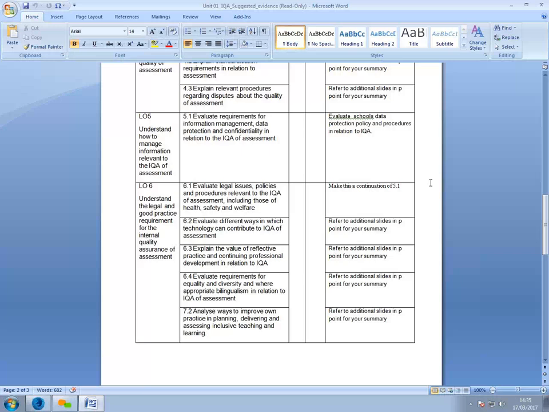Again, this refers to the slides, but the other bit is looking at reflective practice and continuing professional development. It's looking at, as an IQA, how much involvement you get in the different areas.